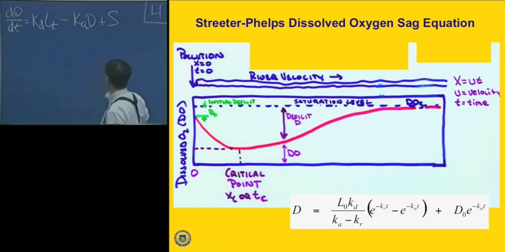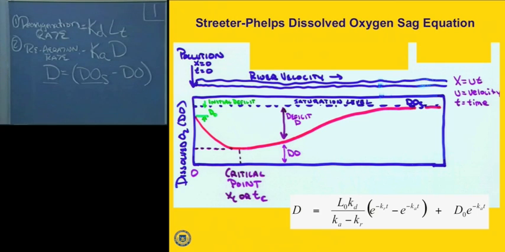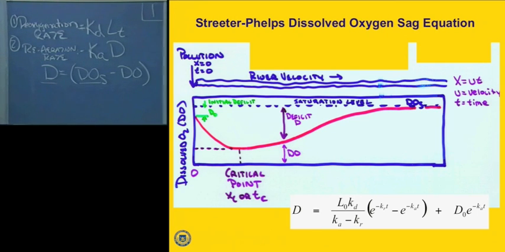What are the units of S? What are the units of D? Well, from back here on panel 1, D equals the saturated dissolved oxygen concentration minus the dissolved oxygen concentration in the river, right? So it has to have the same units.